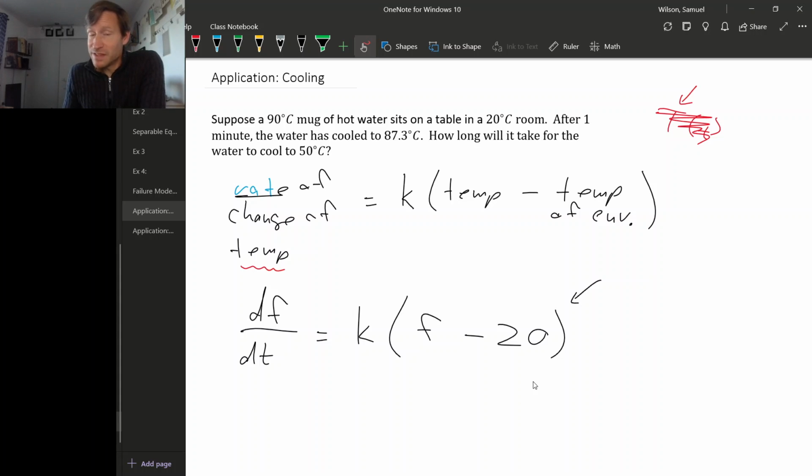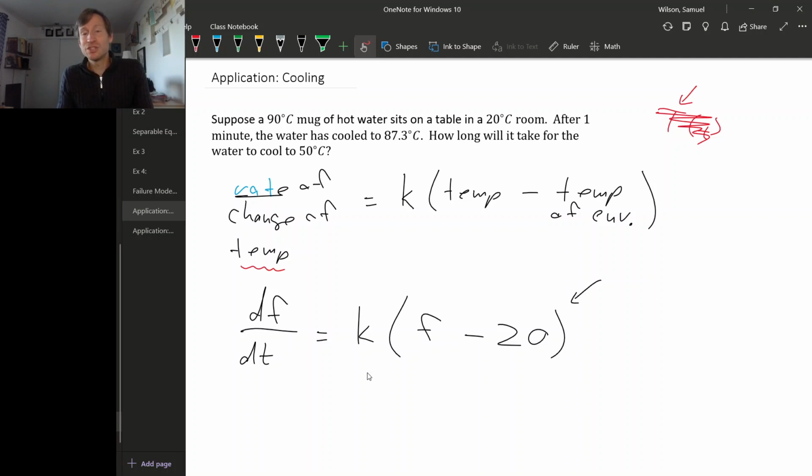Now that we have this differential equation, we would like to solve it, and we only have two tricks for solving it. We could guess, or we could treat this as a separable equation. It is separable because the variable t doesn't show up at all.